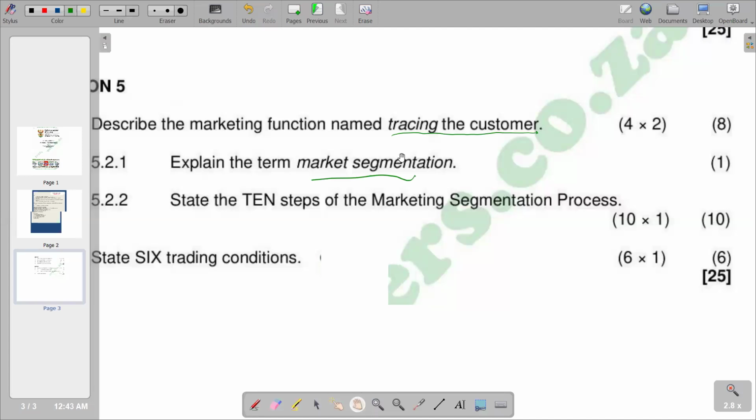So market segmentation, basically, is the process of dividing a business market into meaningful subgroups or potential customer groupings called segments. So we are grouping those customers into subgroups. It's basically the process of dividing a broad market into smaller groups with shared characteristics and utilizing them effectively.